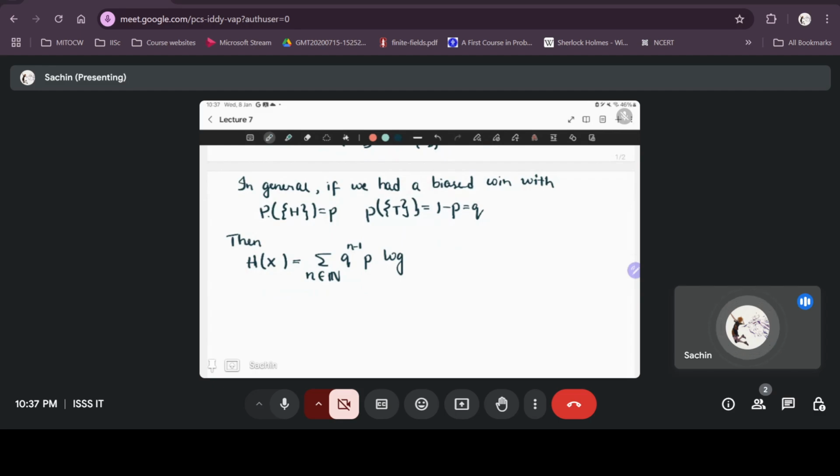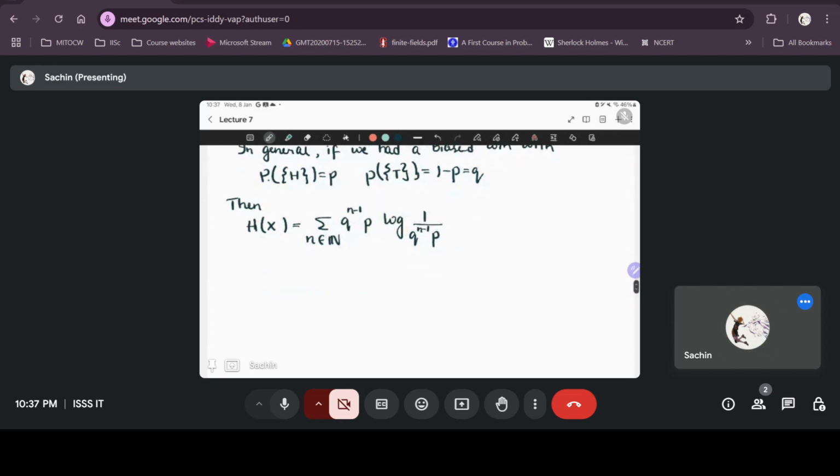log of 1 over this, 1 over q power n minus 1 p, which can be split into two sums: q power n minus 1 p log of 1 over q power n minus 1, plus summation q power n minus 1 p log of 1 over p.